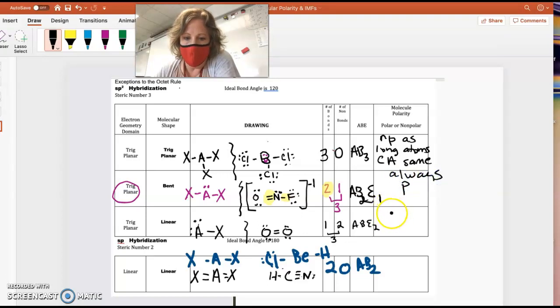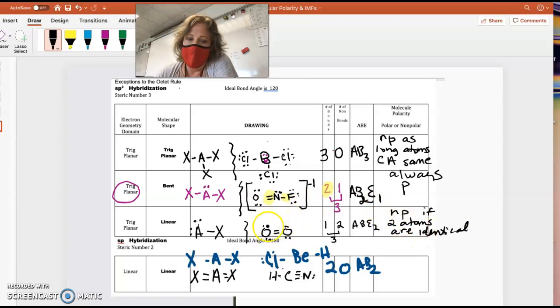And then the linear is that same rule: it's nonpolar if it's 2 identical atoms. Otherwise, it will be polar. So like here, oxygen, they're both going to pull equally, so it'll be nonpolar.